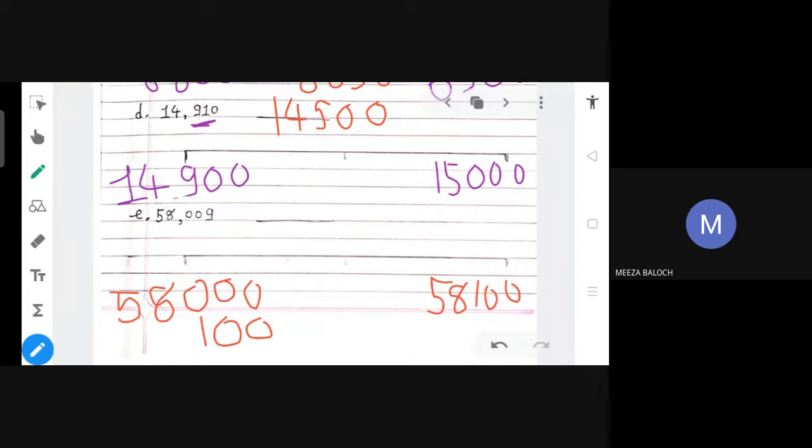Tell me the final answer. Ma'am, I added everything, 58,100 like this. Ma'am, 5 plus 0 plus 0, 0, 0 plus 0, 0, 0 plus 1, 1, 8 plus 8, 16, 5 plus 5, 10 plus 1, 11.